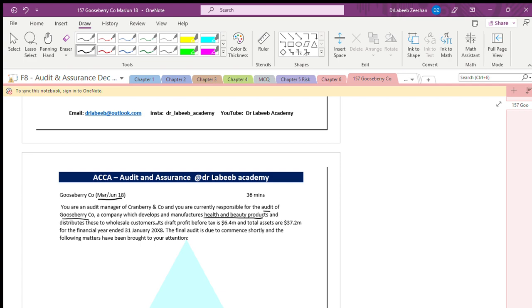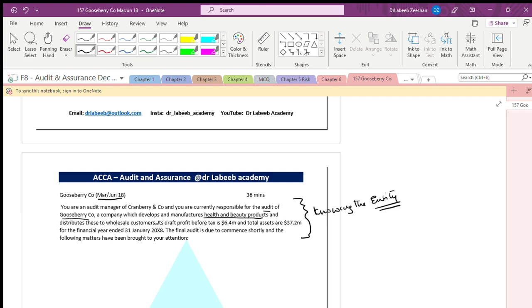See, knowing the entity is very important. This is one of the features of the control environment: that you should know the entity, you should know the firm. In the examination also, the moment you think about knowing the entity, you will automatically get an idea.